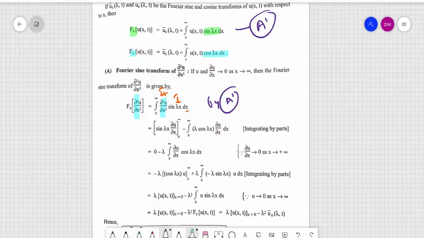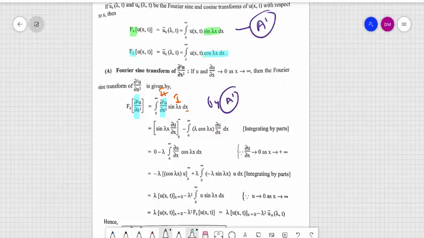Since the order here is 2, taking the derivative with respect to x, it becomes ∂u/∂x, a single derivative. Again, as per the assumption, as x tends to infinity, ∂u/∂x tends to 0, and as x tends to 0, sin 0 is 0.